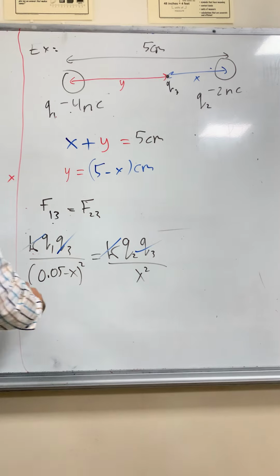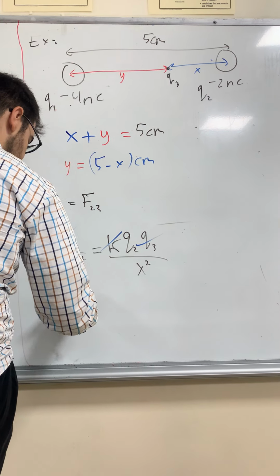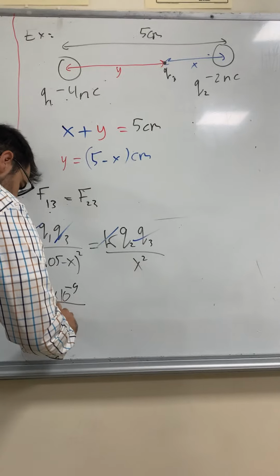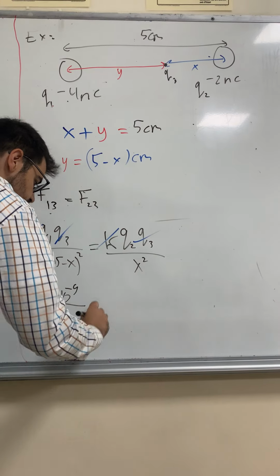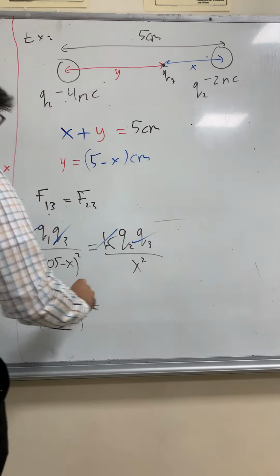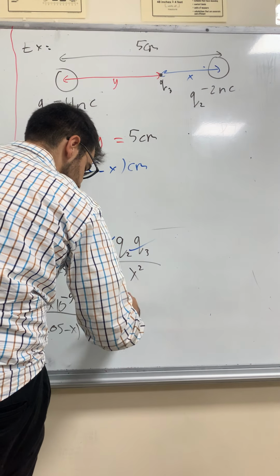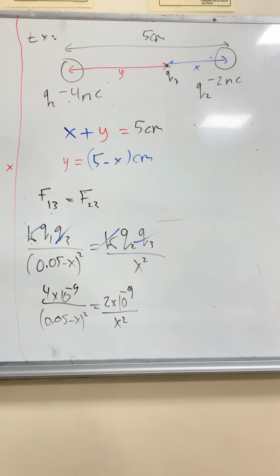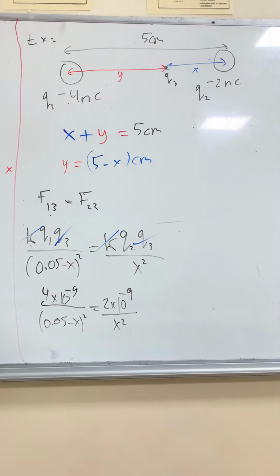What's Q1? So 4 times 10 power minus 9 divided by 0.05 minus x all of it squared is equal to Q2, which is 2 times 10 power minus 9 over x squared. We want to get rid of the squared. What do we do? Square root.